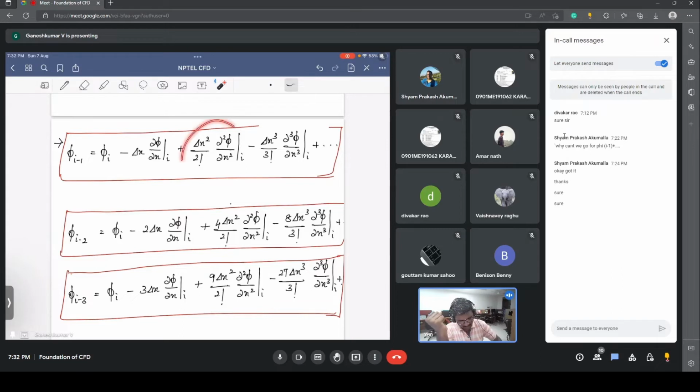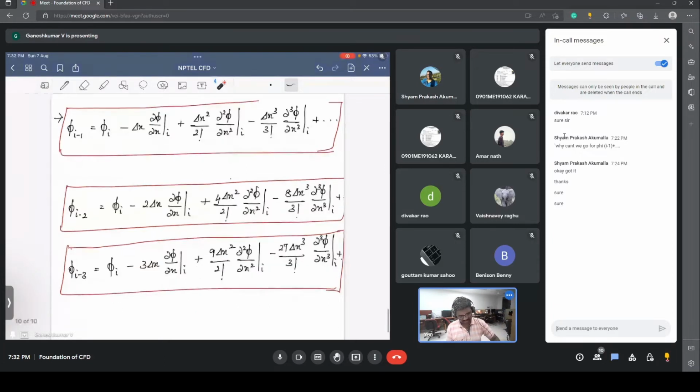So if you are able to remove these three terms while adding these three equations, you will end up with a truncation term of order delta x square. Then your scheme automatically becomes second order accurate.